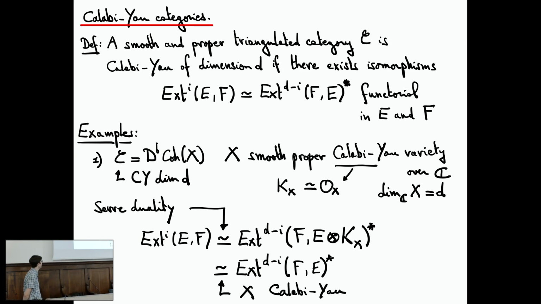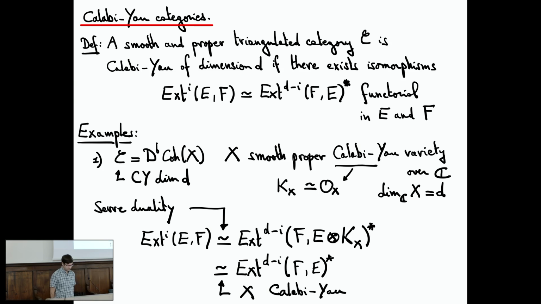In general, on any smooth and proper X, Serre duality tells us that the group Ext^i(E,F), which is a finite dimensional vector space by the properness assumption, is naturally isomorphic to the dual of Ext^(d-i) between F and E tensor the canonical line bundle, where d is the dimension of X. And if the canonical line bundle is trivial, you simply get Ext^(d-i)(F,E). So in the Calabi-Yau situation, you have this natural duality between Ext^i(E,F) on X and the dual of Ext^(d-i)(F,E).